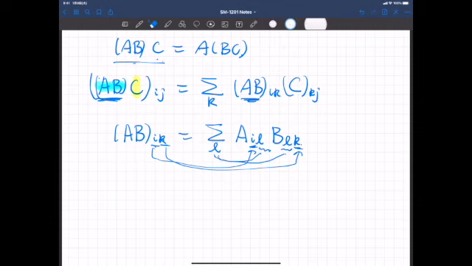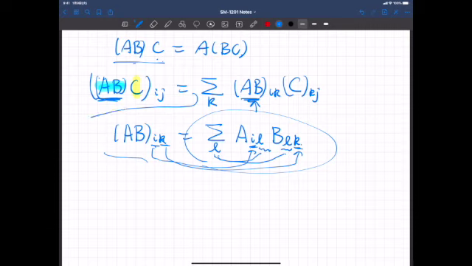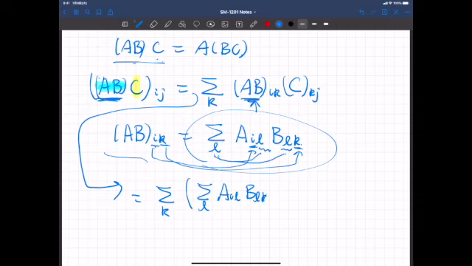So plug this result into here. Therefore this becomes the sum over k of the sum over l of a_il b_lk times, maybe I should write this, c_kj.